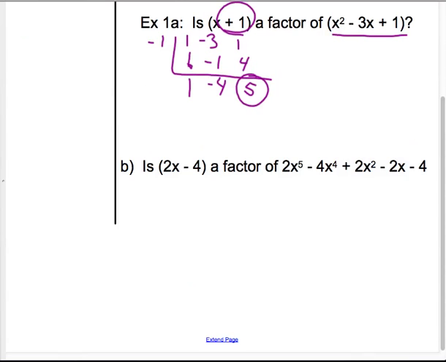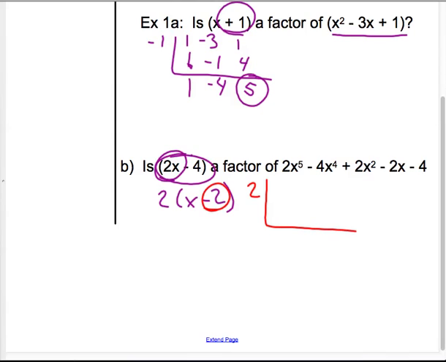This one's a little bit different. Yesterday I told you we can only use synthetic division if our x term has a coefficient of 1. This does not. However, when we look at the whole binomial, it has a common factor. So I can factor out a 2, and now I can check if x minus 2 is a factor of the polynomial. So that's what I'm going to do. So this -2 goes on the outside as a +2.